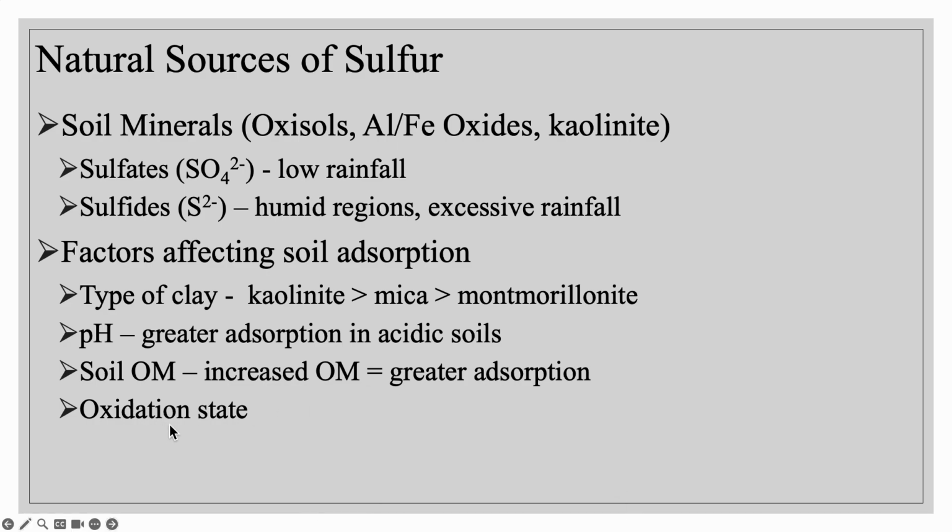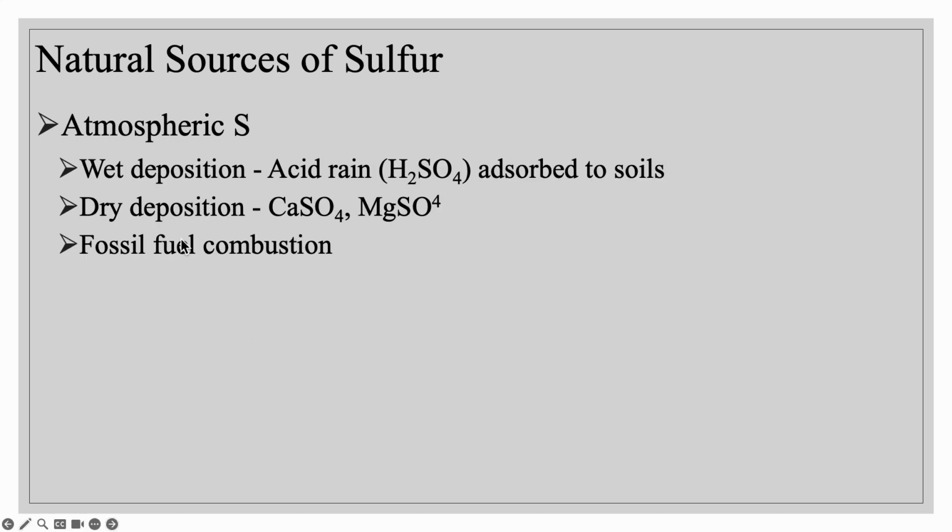And then oxidation state. We don't really talk about oxidation state in here. That's a little bit more about soil chemistry and what the real charge on that sulfur is. As I mentioned before, we have atmospheric sulfur that comes from acid rain. We can have some dry deposition.